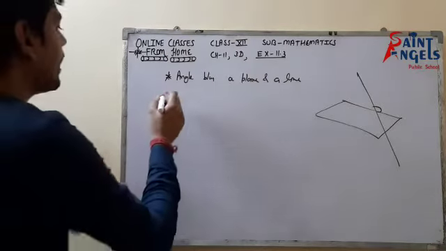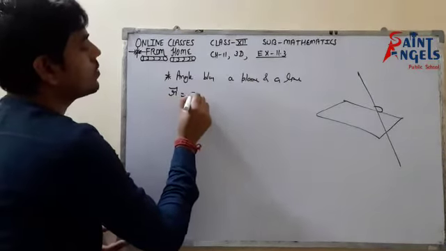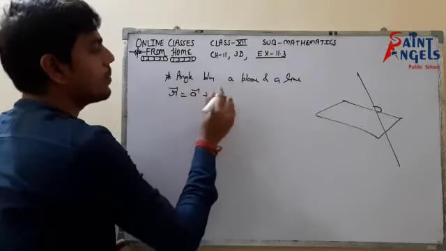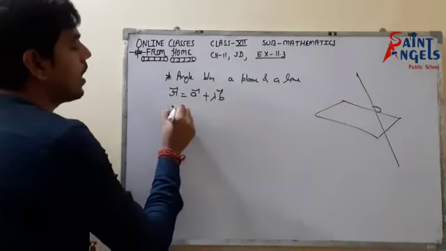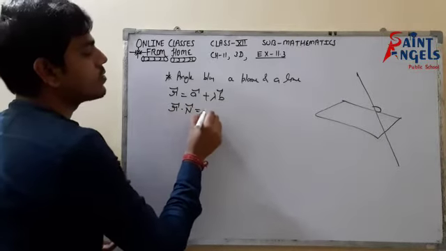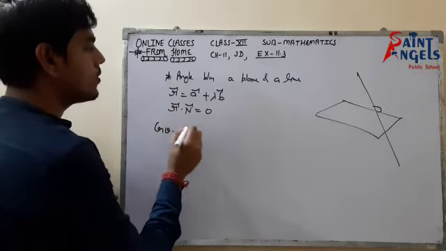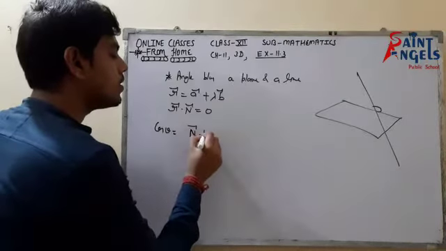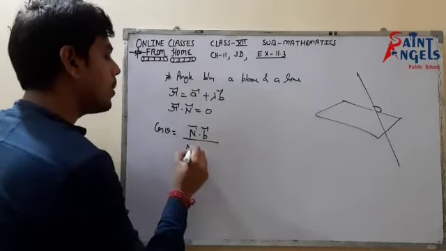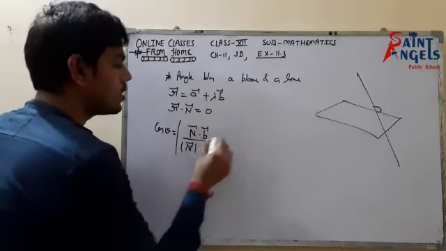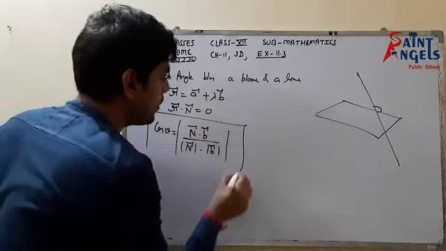Suppose we have a line r vector equals a vector plus lambda b vector, and a plane r vector dot n vector equals 0. Then the angle between them is given by cos theta equals n vector dot b vector upon magnitude of n vector times magnitude of b vector. This is the formula for the angle between the line and plane.